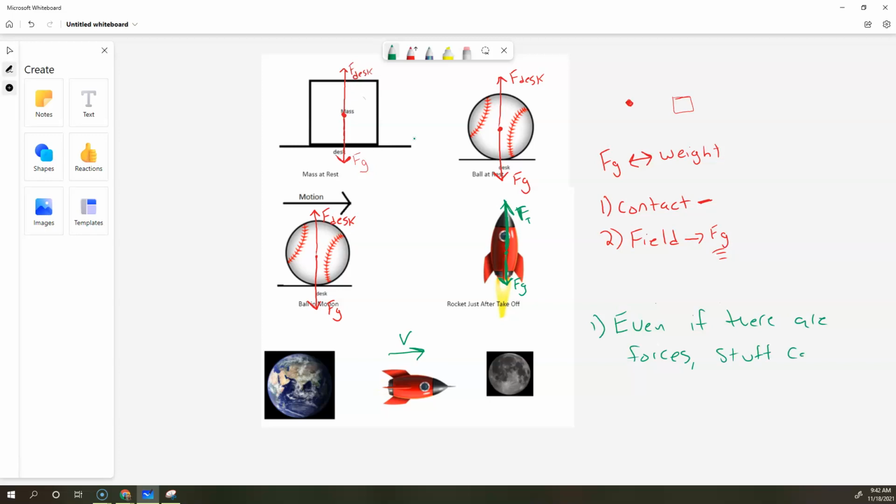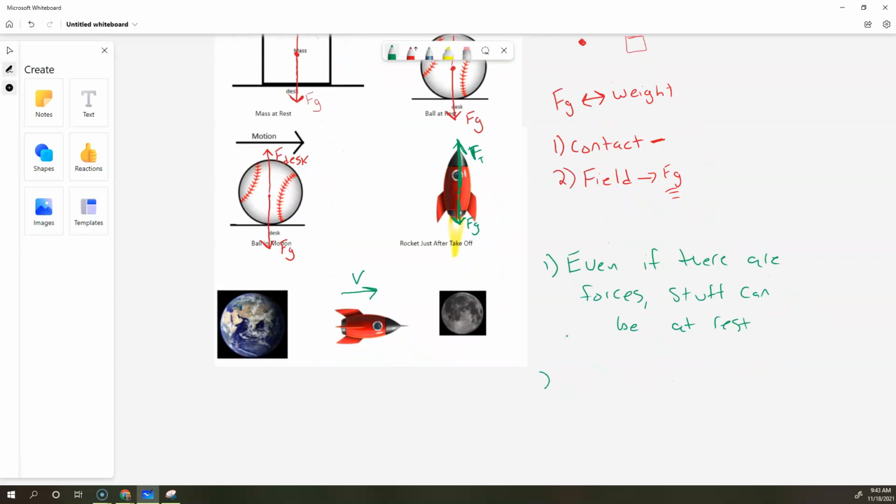So stuff can be at rest. And then I get to this scenario where there are no forces, and I have the opposite conclusion. Even with no forces, stuff can be moving. That's huge. These two ideas are huge.